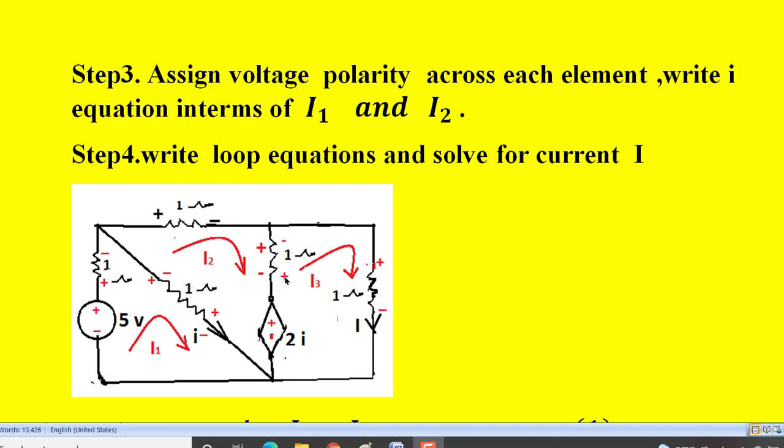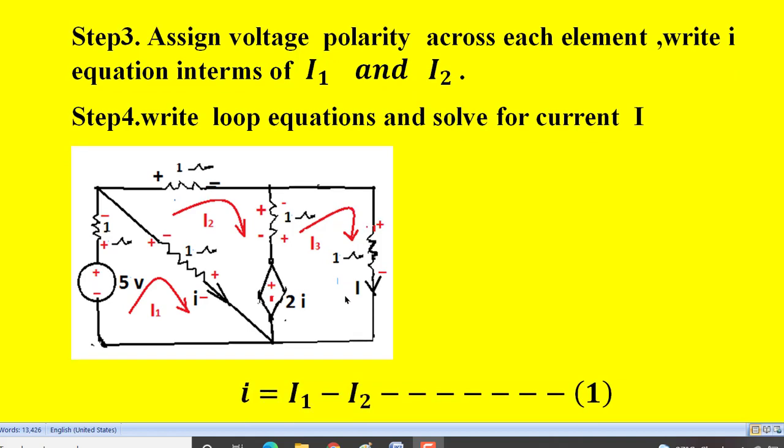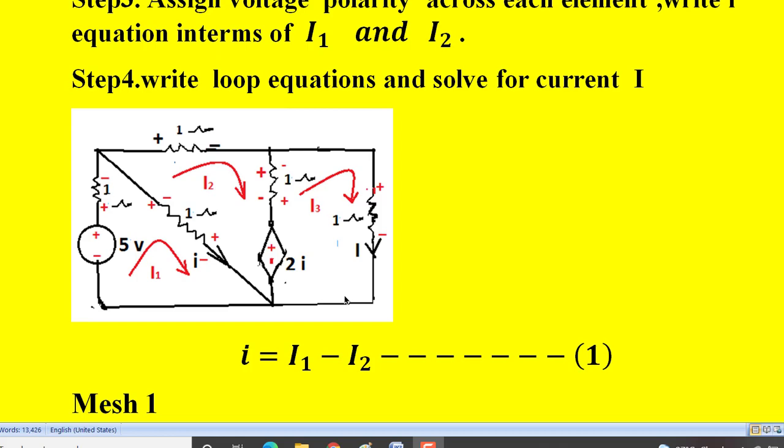So current entering the passive element will be treated as positive polarity and leaving the passive element as negative polarity. So in the third loop there are 3 elements, and these 3 elements are given voltage polarity, and once this is over, then we can write an equation for this current I.